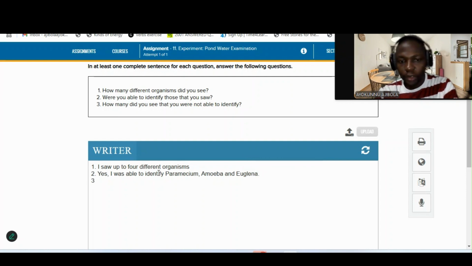Okay, and the third question says, how many did you see that you were not able to identify? Well, there was one that looks like okra. I was not able to identify one other organism which looks like a pod, okay?